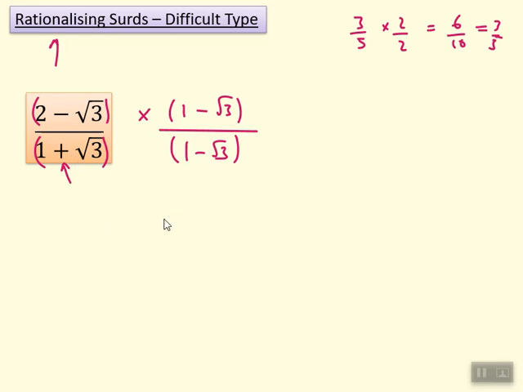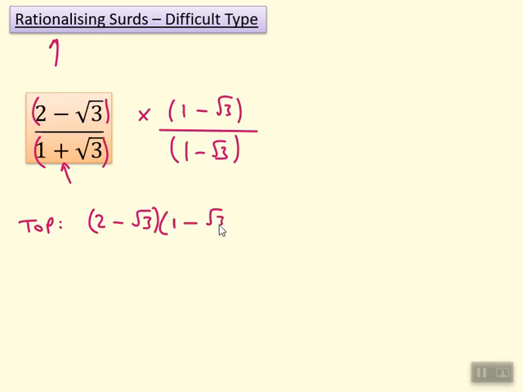In a minute it will become clear why we have to times top and bottom by the opposite sign of that bottom thing there. So first of all I'm just going to separate them out. I'm going to do the top first, so 2 take away root 3, and it does need a bracket around it, and then 1 take away root 3. Remember, it's the opposite of that sign there, and you times top and bottom by that.